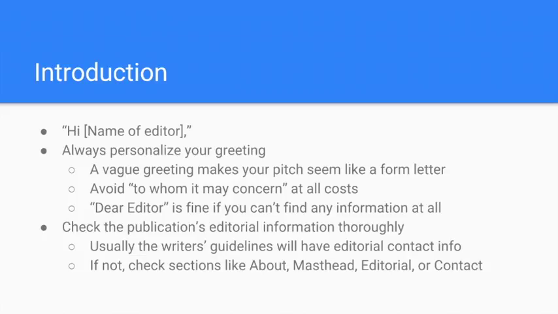If you can't find anything, you can always try to call if they have a number available, but if not, "Dear Editor" is fine. But if you can, find who you're going to be pitching to, your section editor or the main editor, whoever is in charge of the department that you're pitching to.